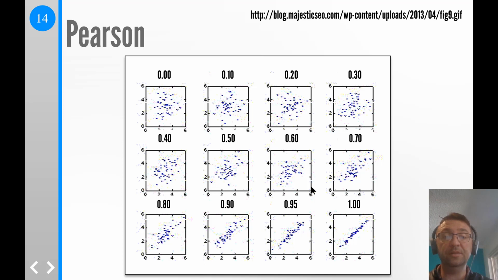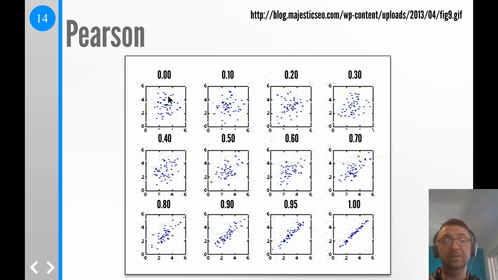So this is what a series of different Pearson's correlations look like. 0 looks like nothing, 0.1 looks like not much, 0.2 looks like a bit, 0.3 is okay, 0.4 still looks like a bit of a blob. 0.5, a little bit less of a blob. 0.6, we're starting to look more like a line. 0.7, a real line. 0.8, yep, looking great. 0.9, 0.95, 1.0.